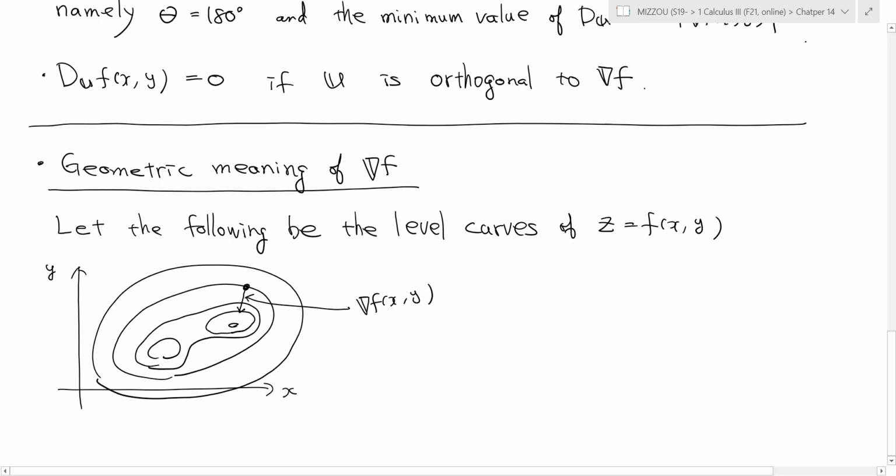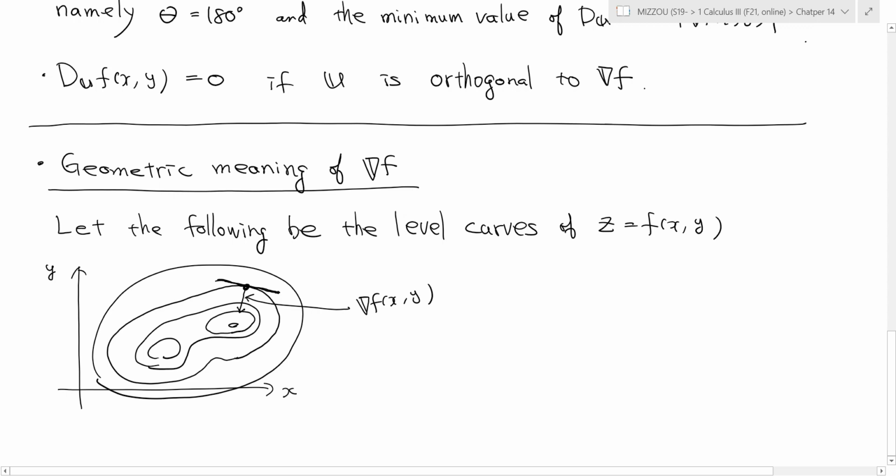And of course, if you look at the direction which is perpendicular to the gradient, that's when the directional derivative is 0. The directional derivative being 0 means you are not climbing the mountain. Actually, your elevation doesn't change. And of course, that is this direction.